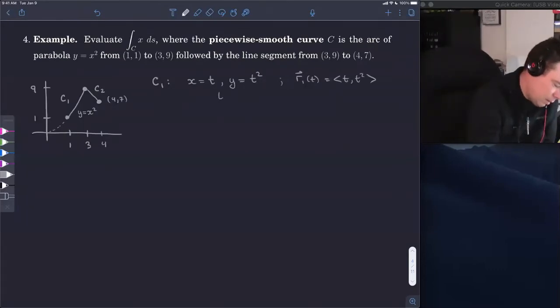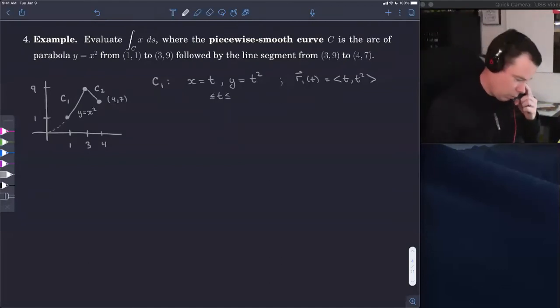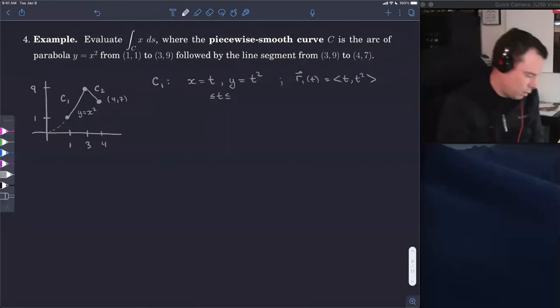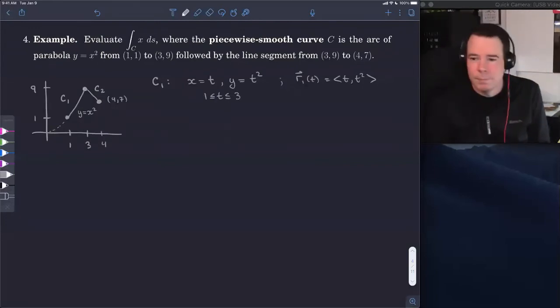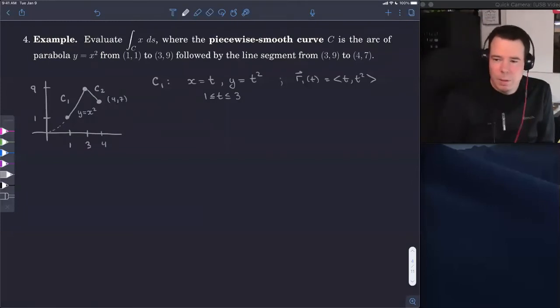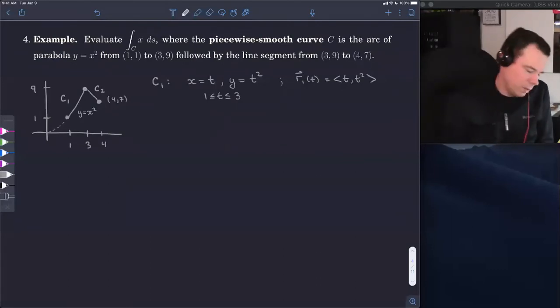And t is going to range between two values. I've got to go from the point (1, 1) to the point (3, 9). So t is going to go from 1 to 3. So there's my parameterization. I've written it in two different ways, one involving r1 of t, the other just involving x as a function of t and y as a function of t. However you want to do it, you can write it in either form.